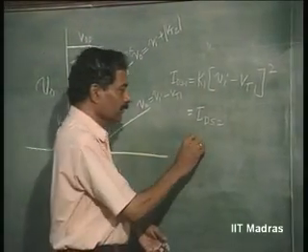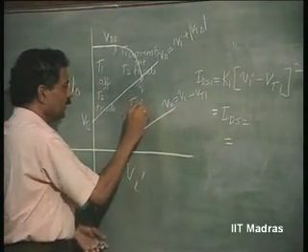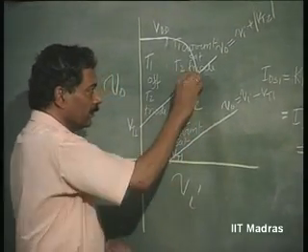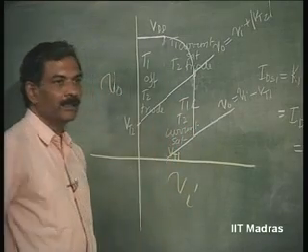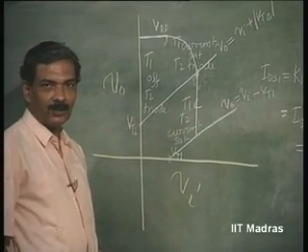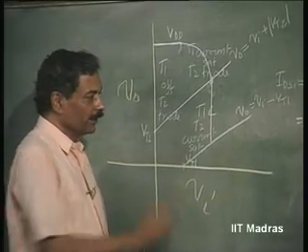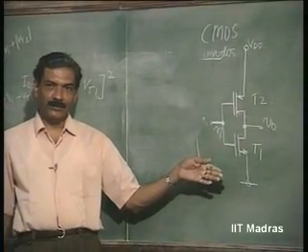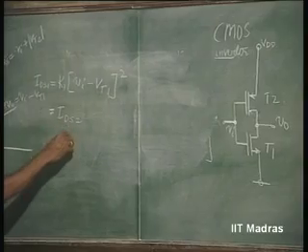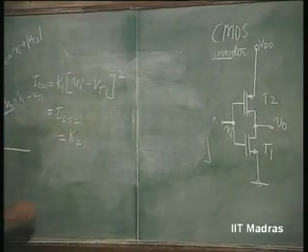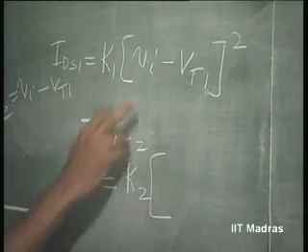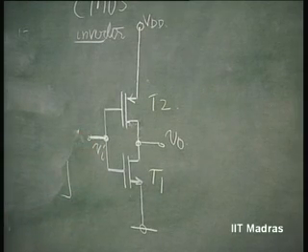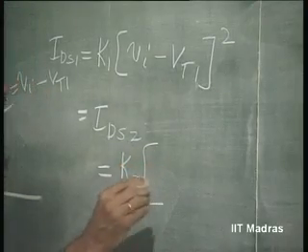IDS1 equal to IDS2, with T1 and T2 in current saturation region, and therefore there is going to be infinite gain, slope is going to be infinity. This will go on until the lower transistor T1 goes into triode region. So, what is that IDS2? It will be K2 into Vi of that, which is strictly speaking how much is it?